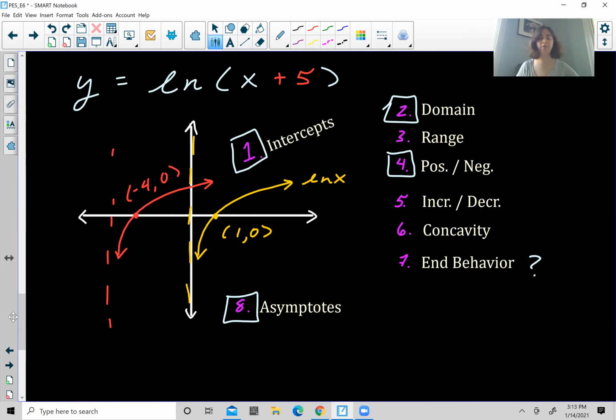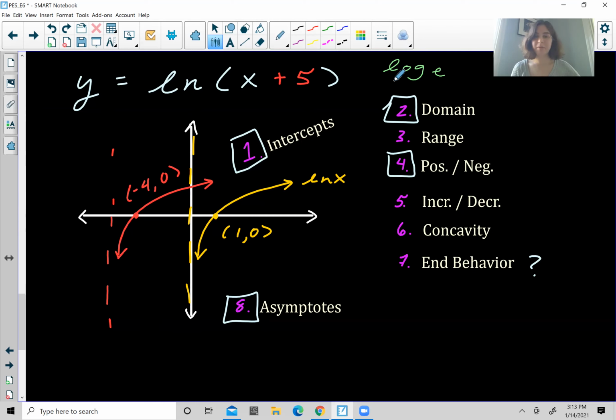All right, and then what if we had a plus whatever or minus whatever in the argument itself? I actually wrote natural log here, and I just want to point out that that's the same as log with a base of e. It's just another way of writing that.